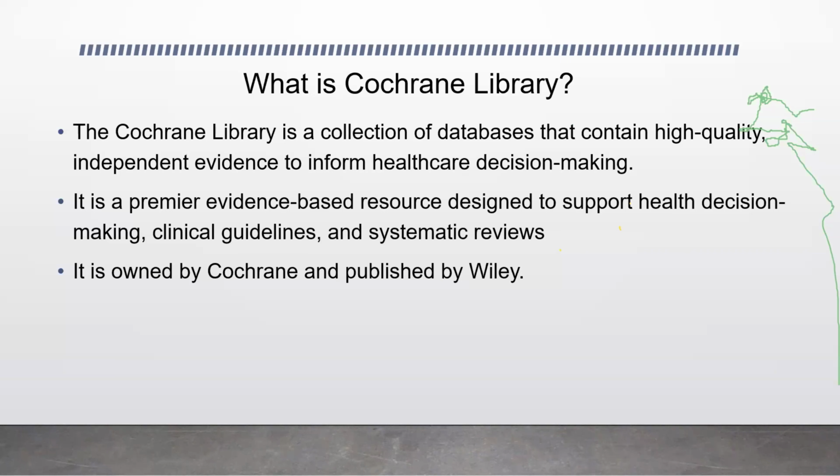So within Cochrane library, we have several databases that contain high quality, independent evidence to inform healthcare decision making. It's a premier evidence-based resource designed to support healthcare decision making, clinical guidelines, and systematic reviews. It is owned by Cochrane and it is published by Wiley.